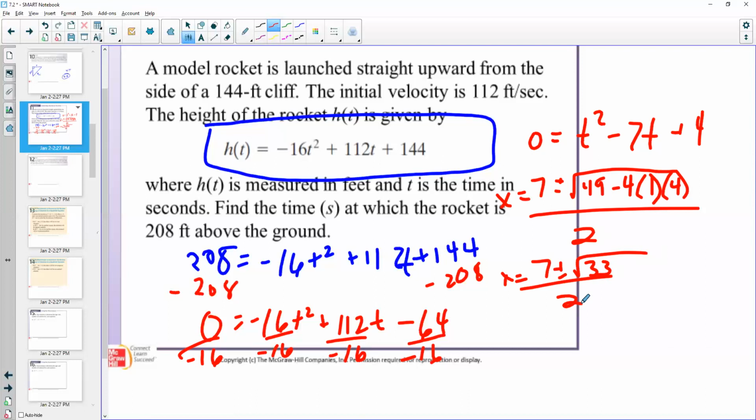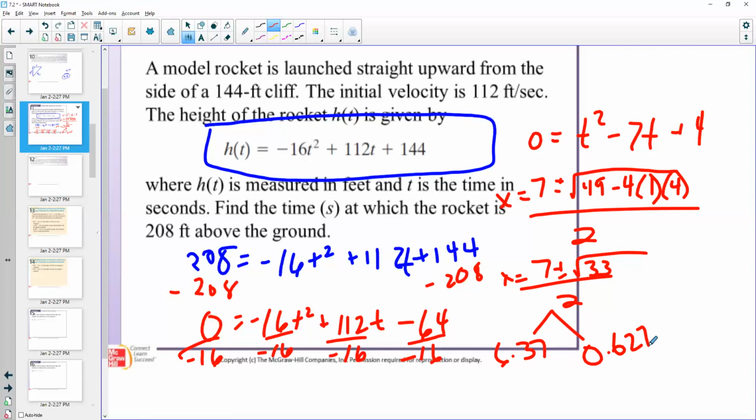You get 2 positive answers because the square root of 33 isn't bigger than 7. One of them should be about 6.37 something. The other is 0.62. And then you have to say to yourself, like, uh-oh, 2 answers. Does that make sense here?